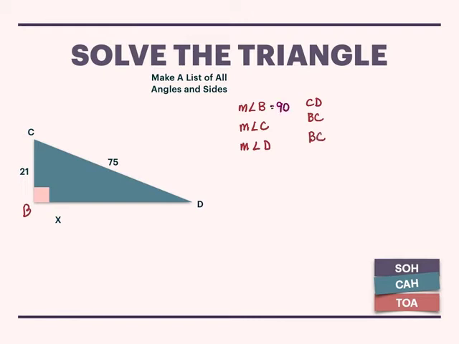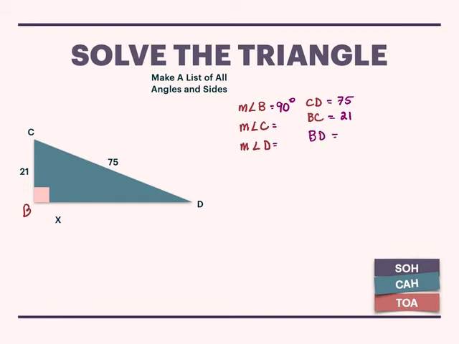Angle B is 90 degrees. Angle C, we do not know. Angle D, we do not know. CD is 75. CB or BC is 21. We don't know what B, yeah, we do. Got BC listed twice there. We don't know what BD is.